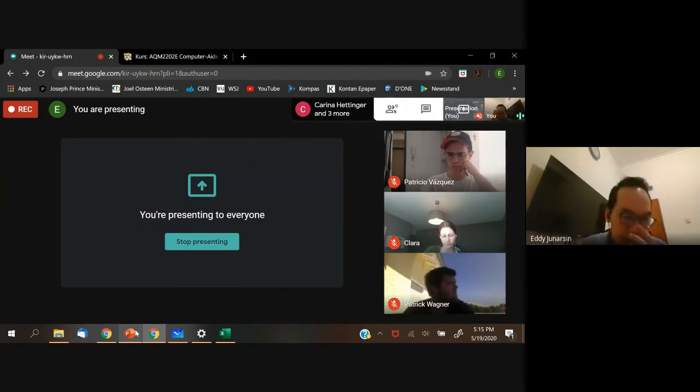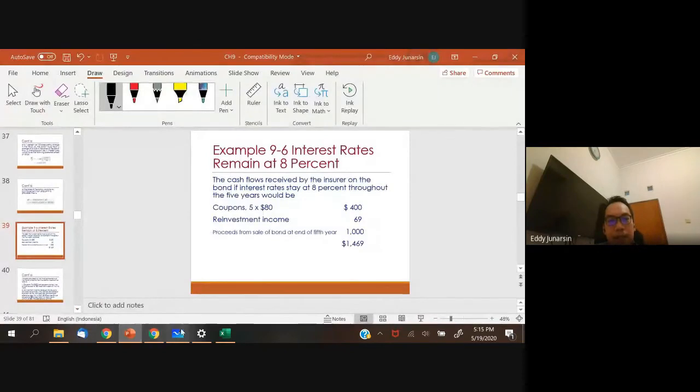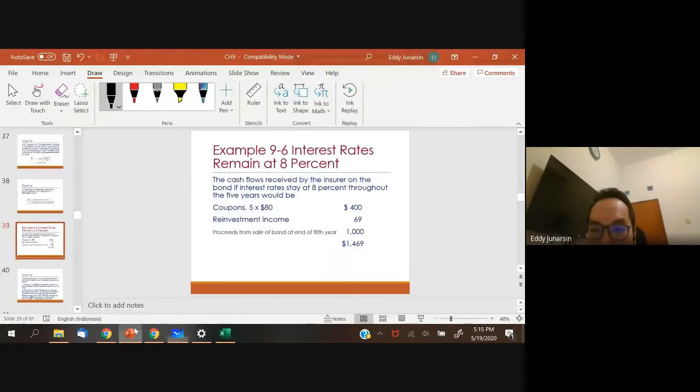So what is the immunization that we want in the case of interest rate risk, right? We try to immunize our transaction, our asset, our entity as a whole from the interest rate risk. So we'll see a simple example here. Let's say you have a need for money, right? See the example here. So they need, okay, 1469.